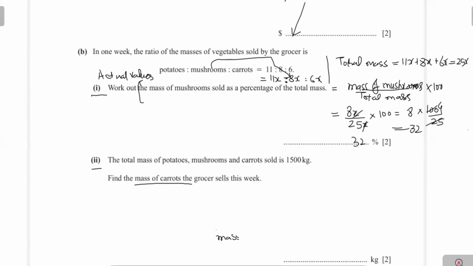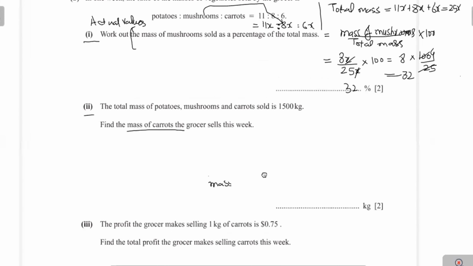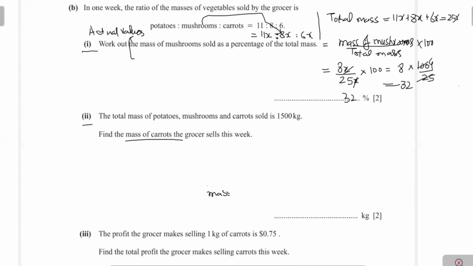is the answer. In the second part, the mass of potatoes, mushrooms, and carrot sold is 1500 kg. Find the mass of carrot the grocer sells this week. Now you see here the total mass in expression here is 25x, and the total mass given here is 1500 kg.